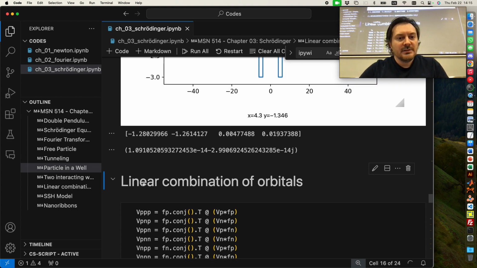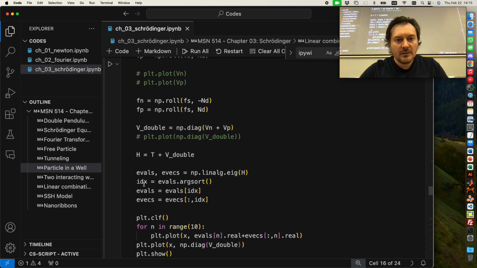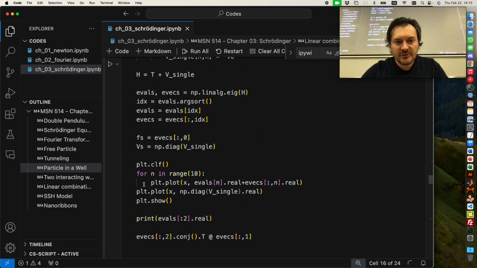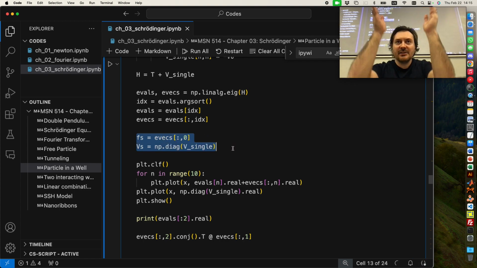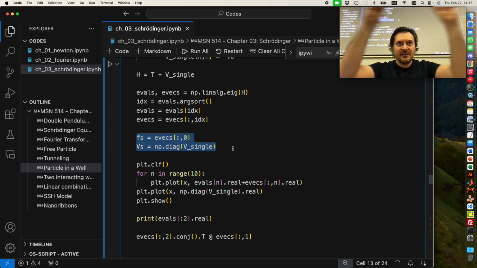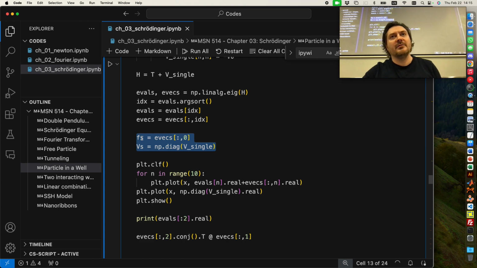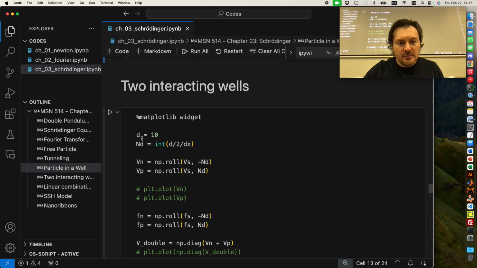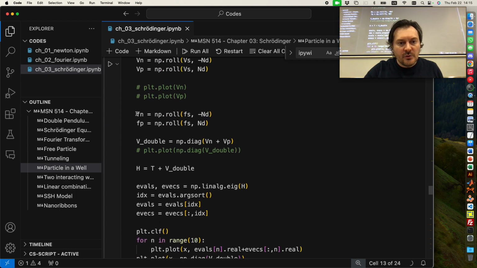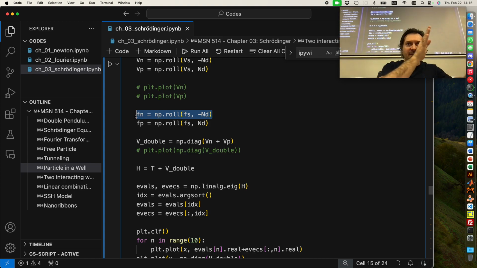So remember now we can go back and tell you what was going on here. Before, when we had a single well and single orbital, we have defined Fs corresponding to single wave function. Then over here we have also defined that single wave function shifted to the left, so that's Fn, and shifted to the right, that's Fp.